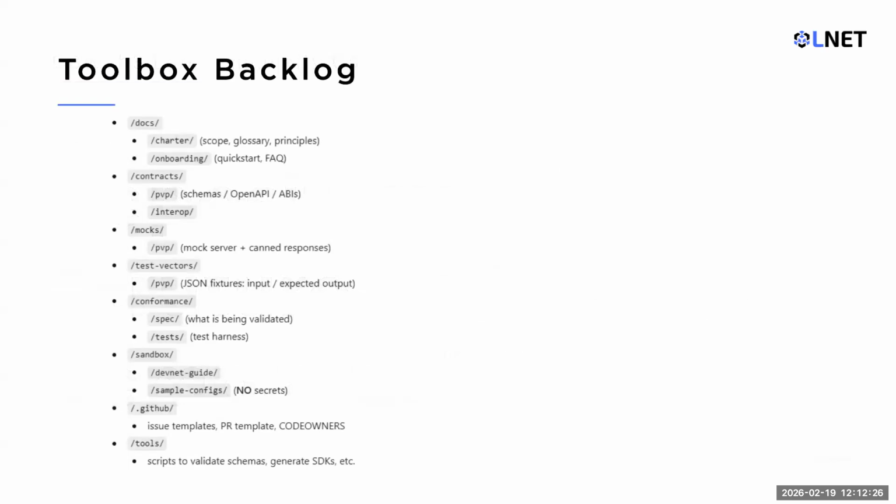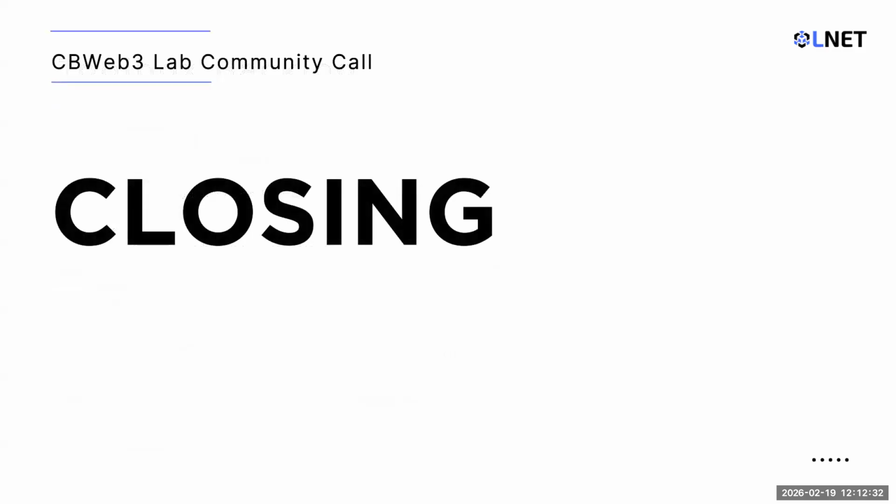You can see that structure in the repository. In the past sessions it was only a description, and now we already have those artifacts ready for the community to start helping and developing.